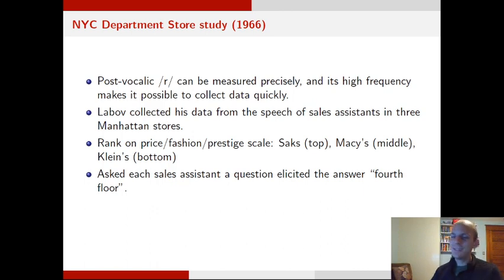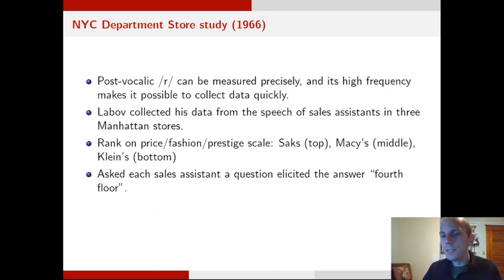So he would go up to a sales associate and ask, excuse me, could you tell me where men's clothing is? The sales associate would say fourth floor, or whatever else, and probably fourth floor. Maybe they would say just go upstairs a few floors, but largely they would answer fourth floor.